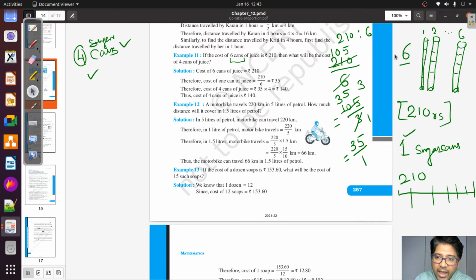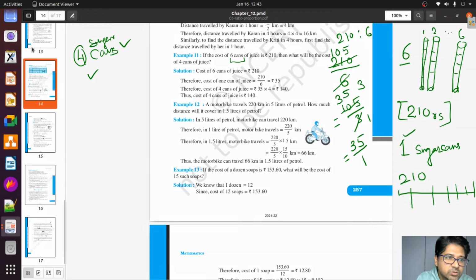So now you have 35 rupees. One cane cost is what? Let me draw. 35 rupees. Yes. So 1 cane cost is 35 rupees.